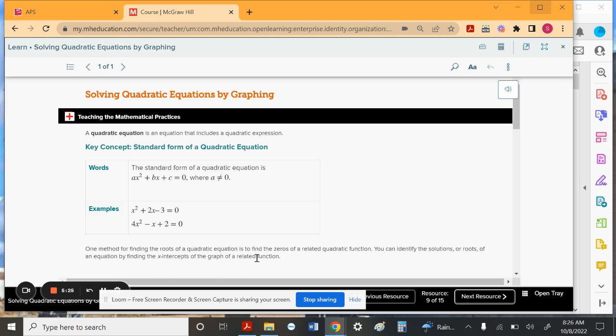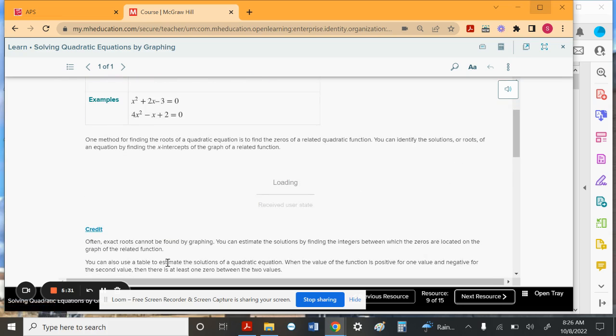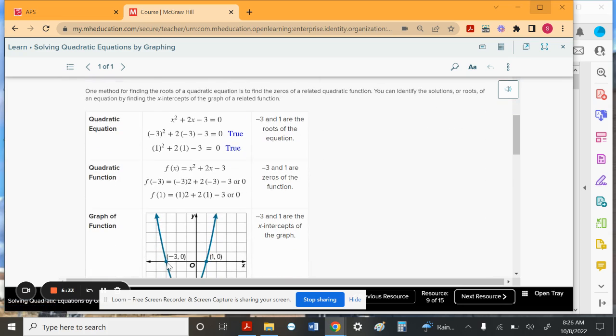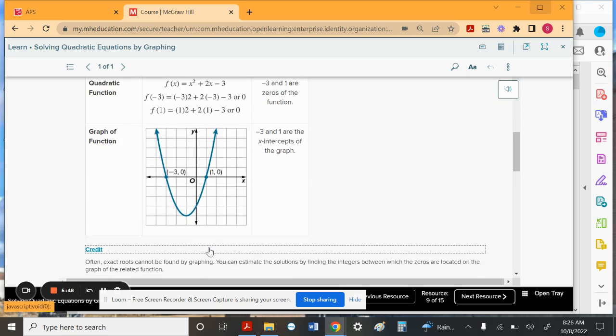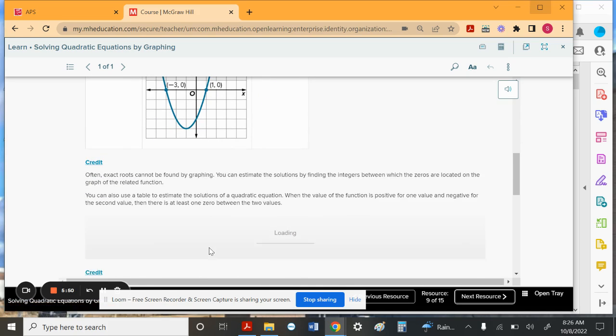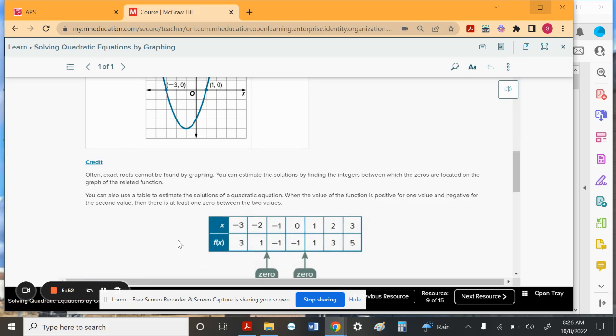Notice that I've already used all these terms: solutions, roots, zeros, intercepts all mean the exact same thing. So I can go through and try to figure out where they cross. Of course, we would have to plot this to figure this out. It's not just intuitive. Eventually, we're going to start learning how to factor and see what those particular roots are. That's really what we're looking at when we're finding these.